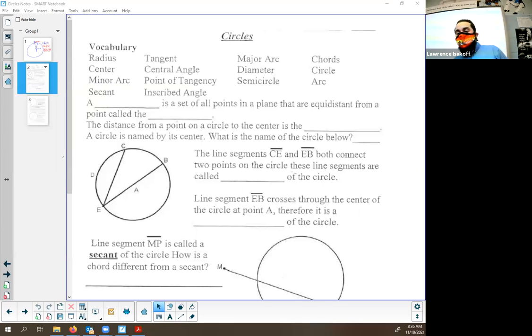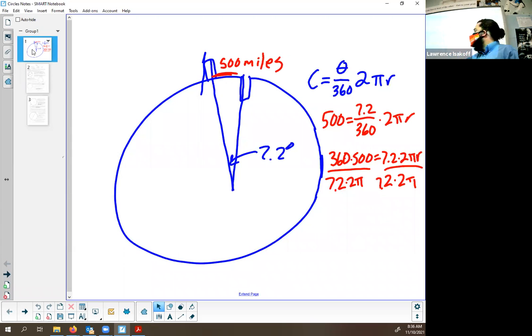Today we are getting into our circles unit formally with our first lesson. Yesterday we did demonstrate that indeed the earth is round. So again, these calculations we made here yesterday showing what the radius of the earth is based off this old experiment.